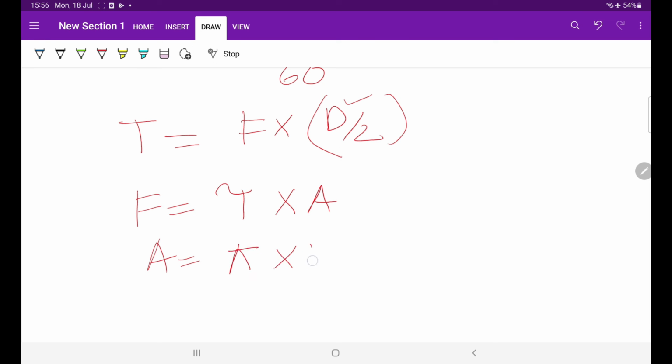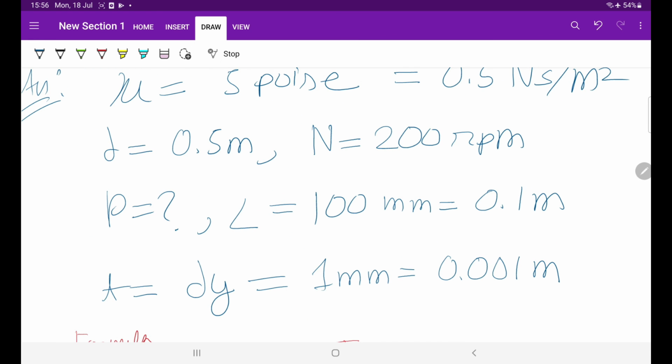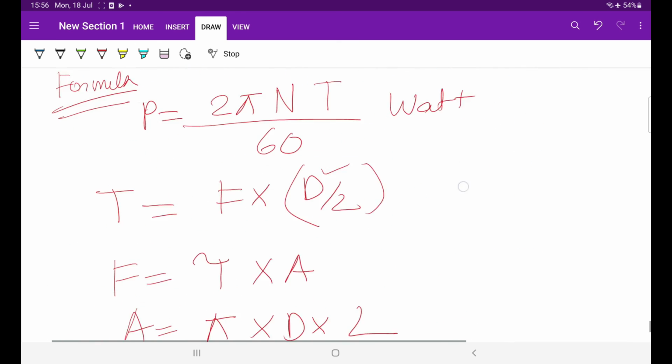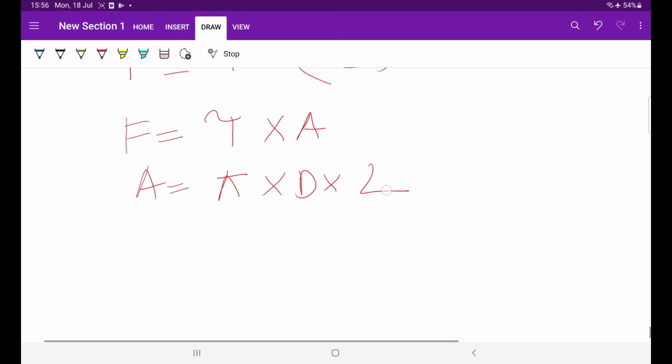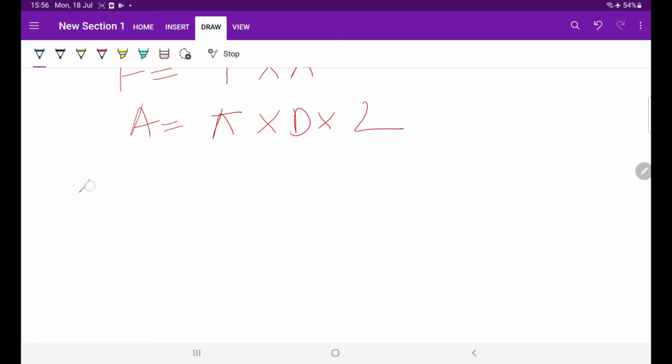Area is pi into d into L, if it is a cylindrical part, pi d L. Like this we find this out. So we first need to find out tau here. So these are the formulas. Let's find out tau. To find tau, we need to write the formula mu into du by dy, right?